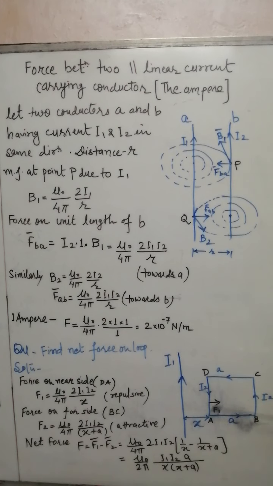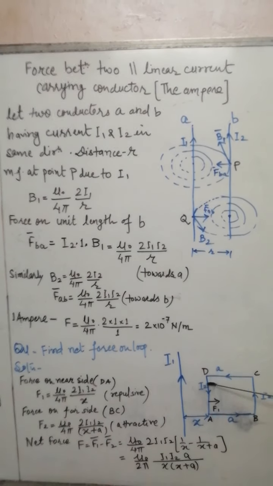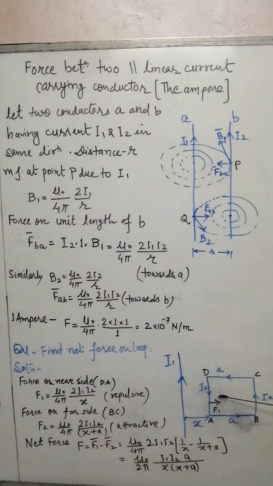The side AD is at a distance x, and the side BC is at a distance x plus a. You see the magnetic field is different for these two sides. As we go away from the current carrying wire, the magnetic field decreases, isn't it?